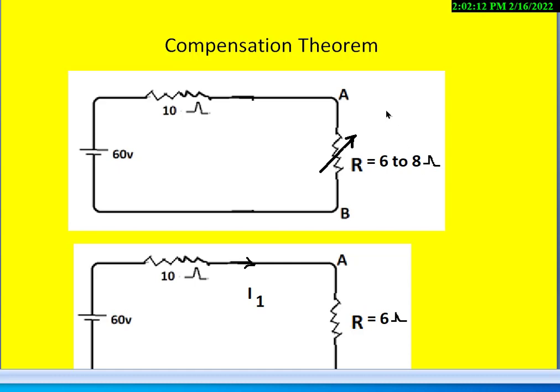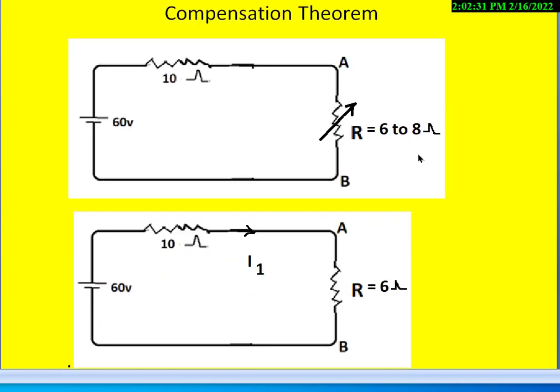So to verify the compensation theorem with respect to the AB terminals, first take the initial value of the resistance, then calculate what is the current flowing in the circuit between terminals A and B. Then draw a circuit with the final resistance, that is 8 ohms, then find out what is the current flowing.